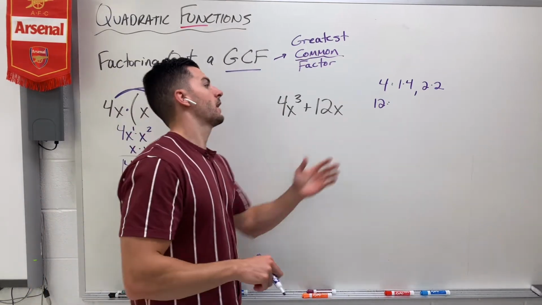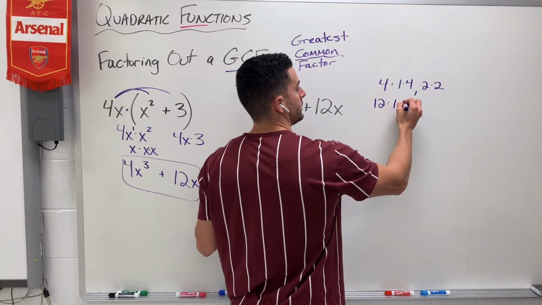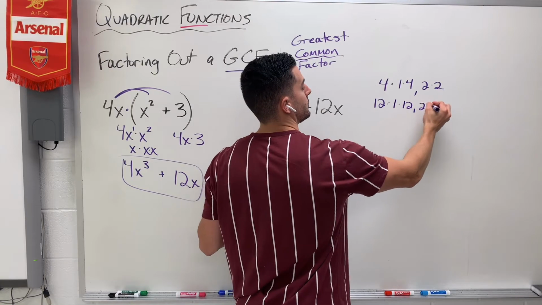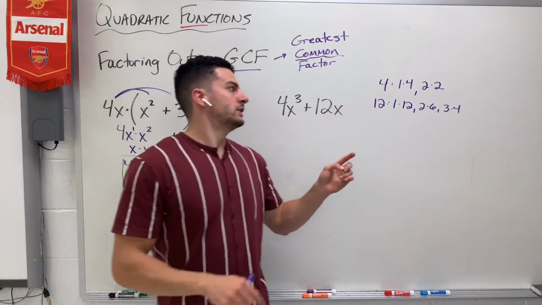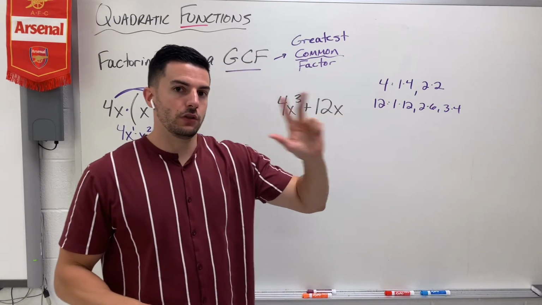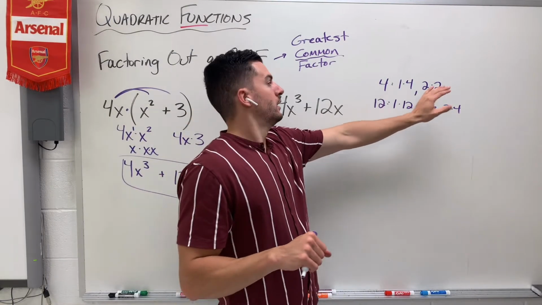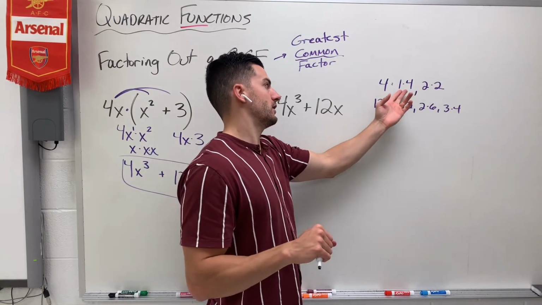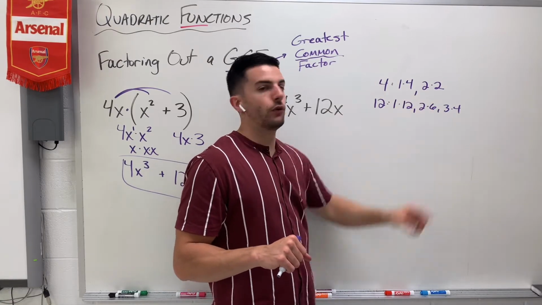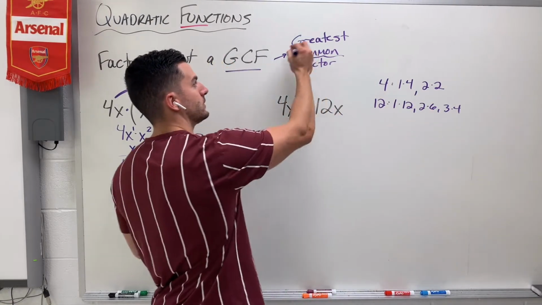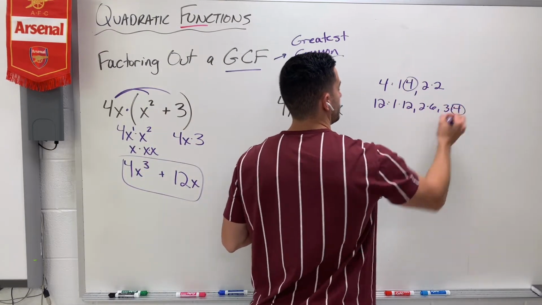And for 12, what are all the numbers that multiply to get 12? 1 times 12, 2 times 6, and 3 times 4, and you don't have to write the reversal. So the factors of 12 are 1, 2, 3, 4, 6, and 12. When we look at these numbers, they both have 1, 2, and 4, so the highest number they both have as a factor is 4.